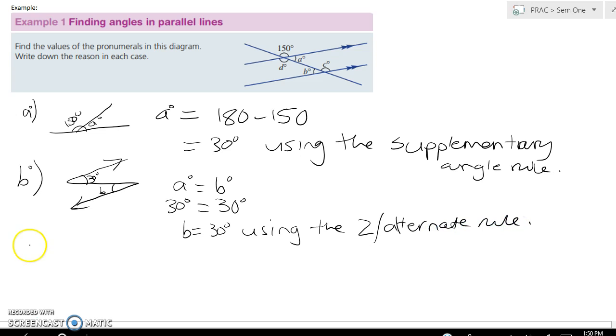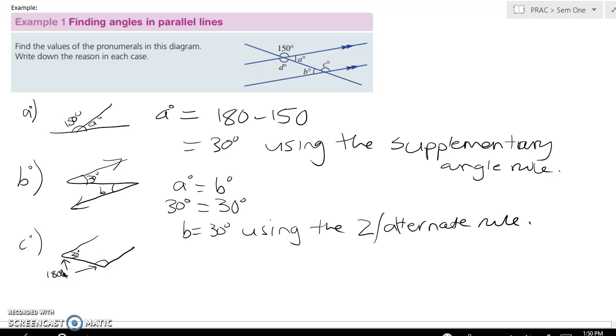All right, let's find C. For C, we can use the U rule, co-interior. So we know that A is 30 degrees. These two have to add to 180 degrees.